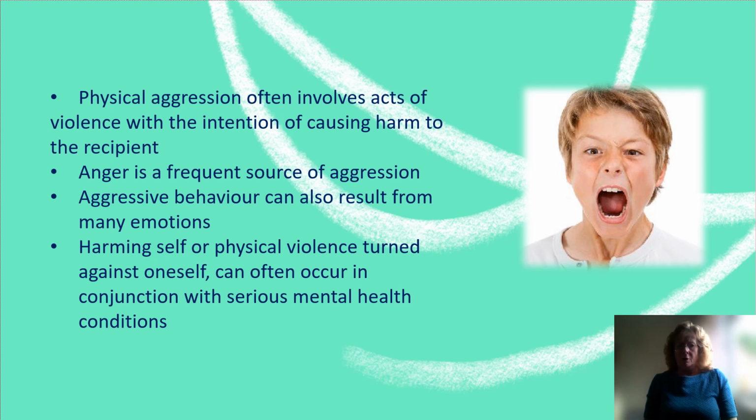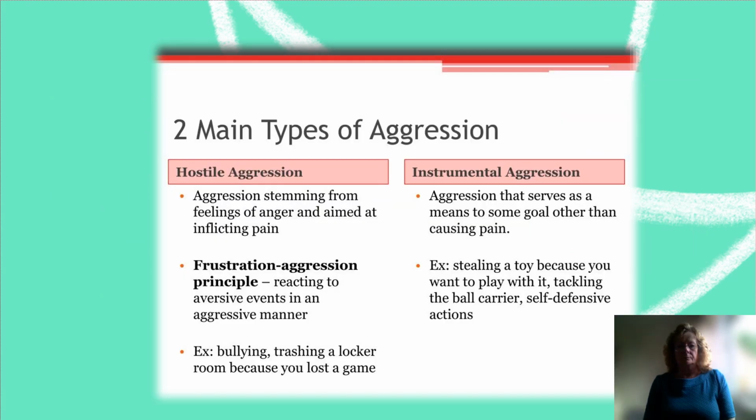Physical aggression often involves acts of violence with the intent of causing harm to the recipient. Anger is often a source of aggression. Aggressive behaviours can also result from many emotions. Harming self, or physical violence turned on to oneself, can often occur in conjunction with other serious mental health conditions.